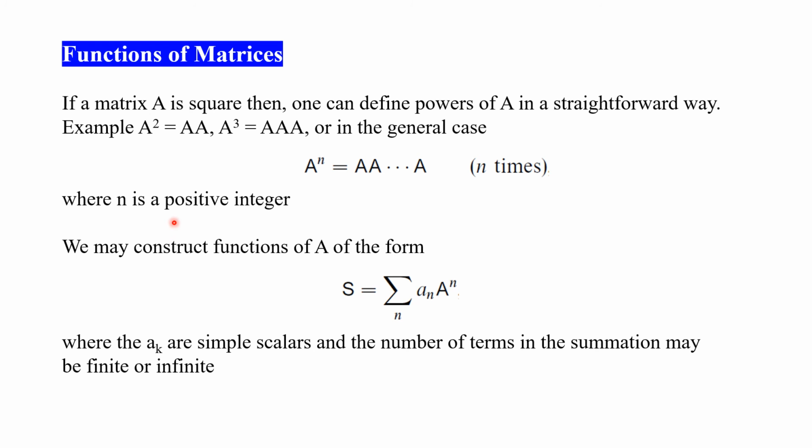And we may construct functions of A of the form S equal to the sum of a_n A^n, where the a_n are simple scalars and the number of terms in the summation may be finite or infinite.